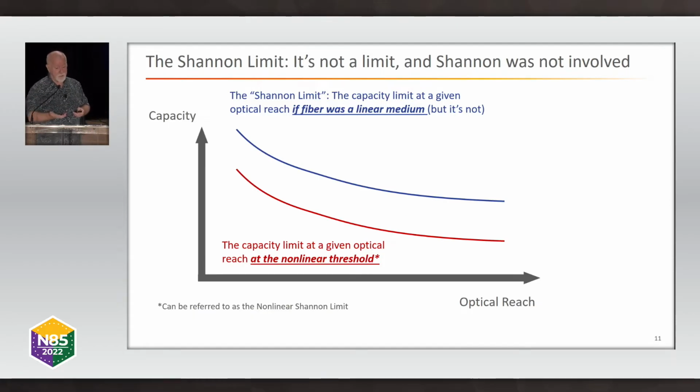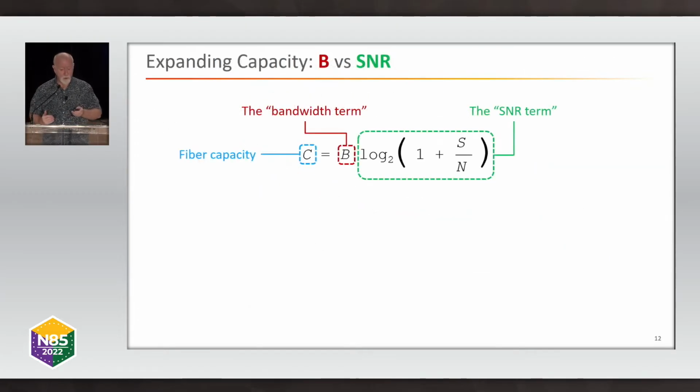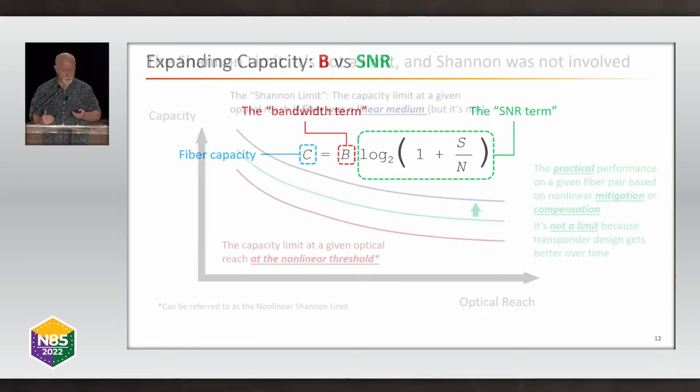Now there's another limit which lies between the two, and this is the practical limit, this is the performance limit of a modern transponder. Because modern transponders have ways to either mitigate or deal with nonlinear effects. It's not perfect, which is why the green line is below the blue line. But we actually can operate, oops, hang on, let me just go back.